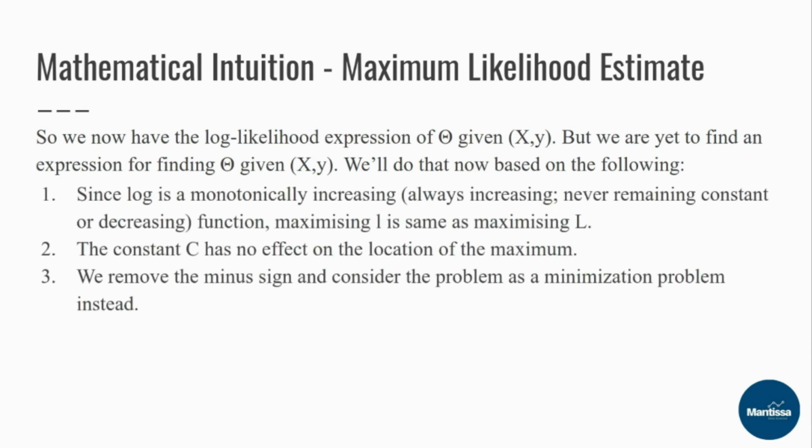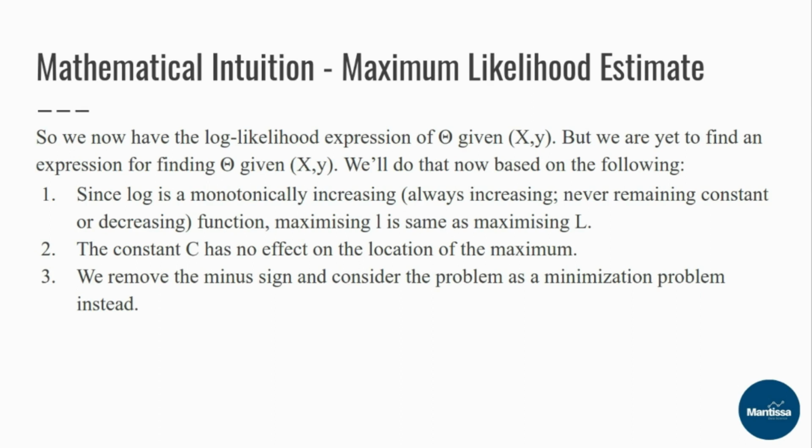So we're going to make some assumptions. We're going to say that since log is a monotonically increasing function, which is always increasing, never remaining constant or decreasing, maximizing L is same as maximizing capital L. So if I'm looking to maximize capital L, which is my likelihood estimate, I'm essentially looking to maximize small l as well, because small l is always increasing.